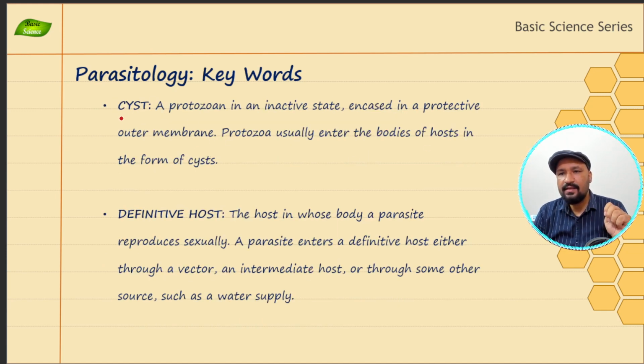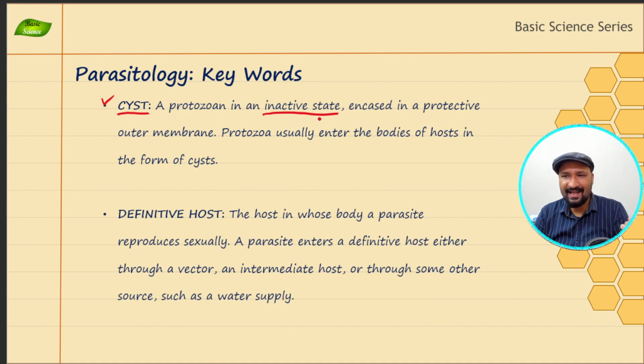Next is cyst. So what is a cyst? I hope many of you already know what a cyst is. A cyst is basically an inactive state. Many parasites have to live in the environment, and they also have to live inside the host, where the environmental conditions are going to be different.